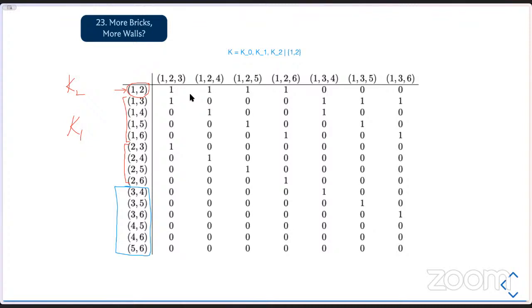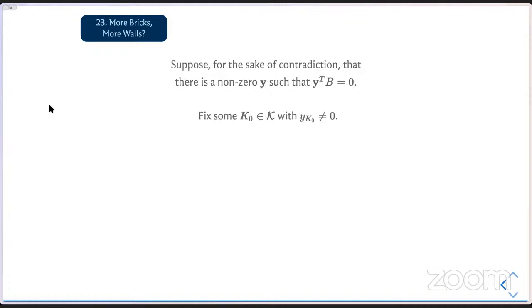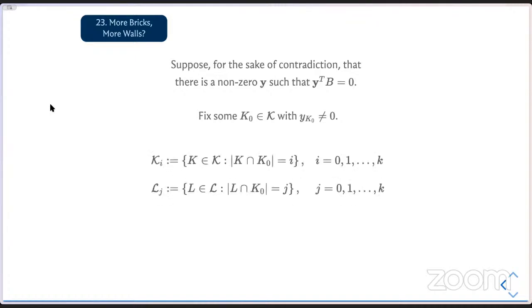And then you're going to have a bunch of 3 element sets that don't overlap with 1, 2 at all, and they all go into L0, right? So that's this partition. Like I said, it's mildly annoying that we're using the same notation, and I was also too lazy to change it, so this is what we have right now. So this is a partition of the K space and the L space.